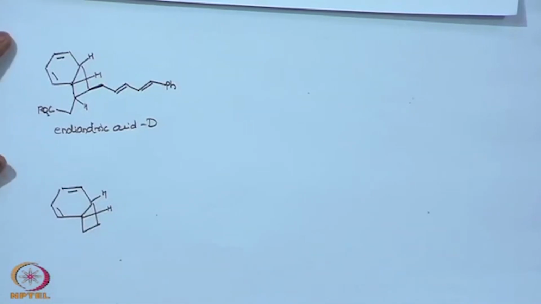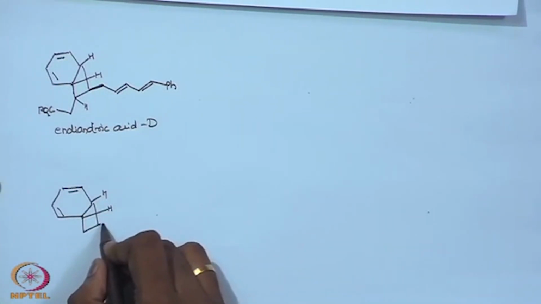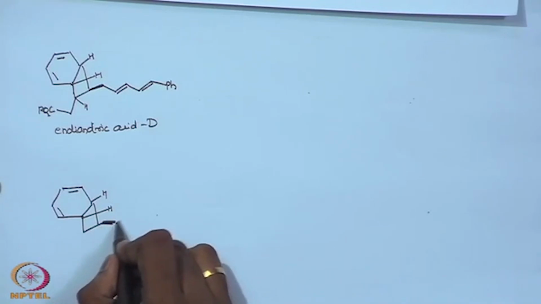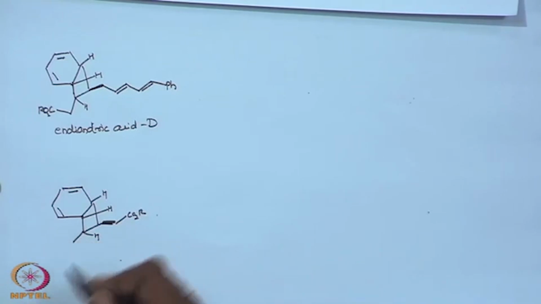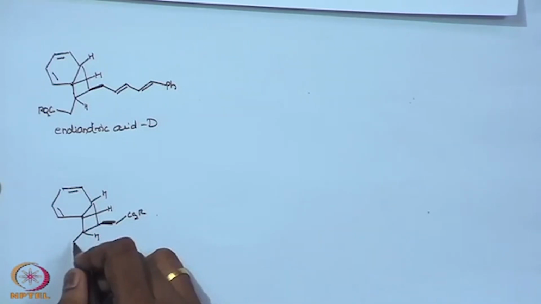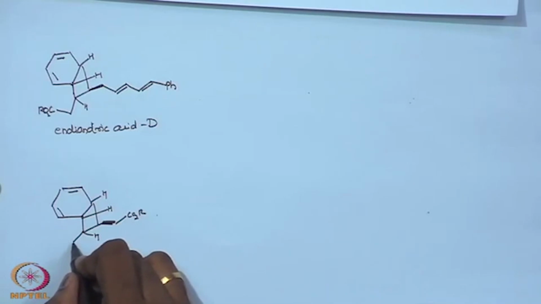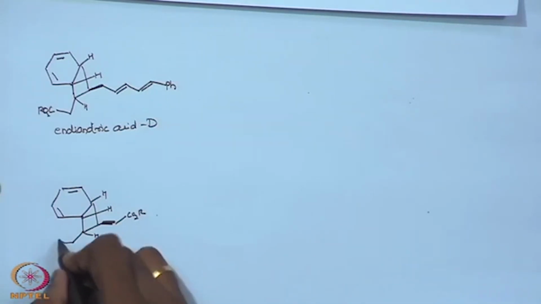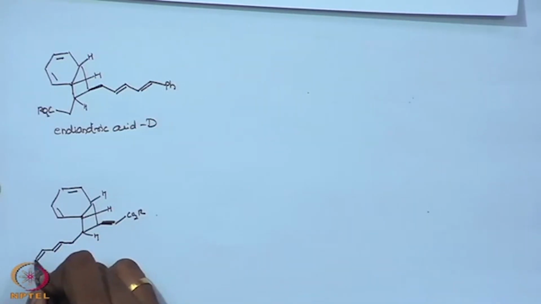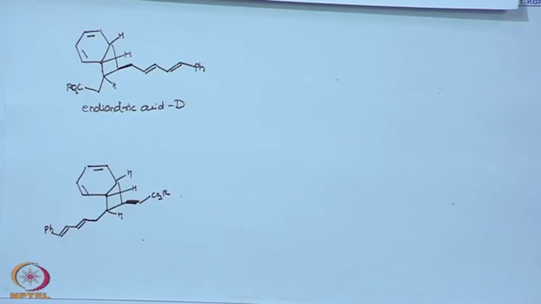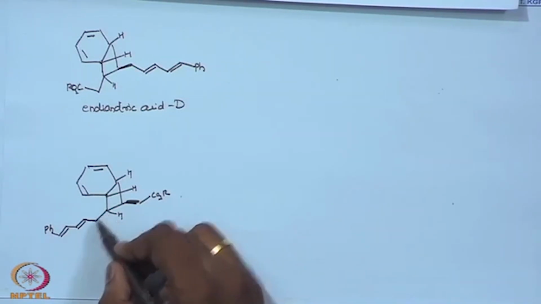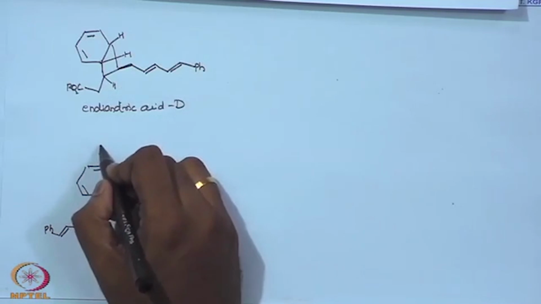So we have a hydrogen here, okay, but in this case I will have my CO2R, hydrogen, on the other side. I will have my phenyl. Okay, I will have this compound. So if you see, both of these are diastereomers, as we said.